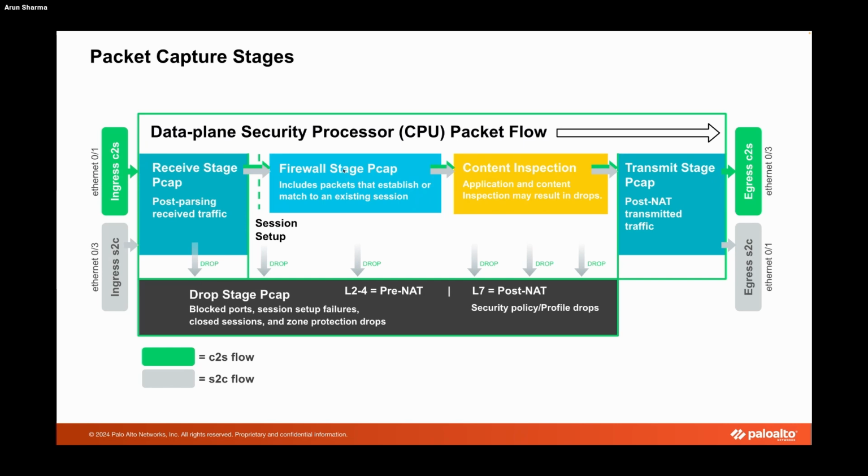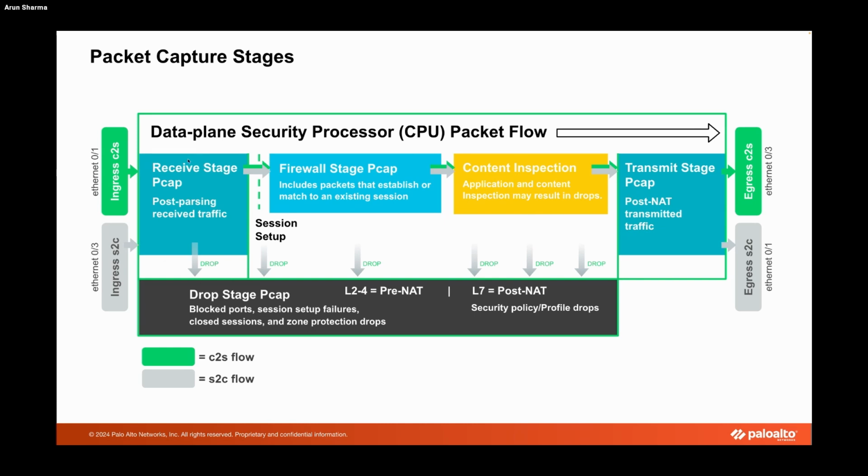It could be the firewall stage PCAP, which includes packets that are established, or that match an existing session, or it could be a new session where the firewall is applying the different policies before setting up the session. Once the session is established, we do the layer 7 inspection for content and other things, and once it is done, we transmit the packet out. So on the firewall, we have 4 stages: receive, firewall, transmit, and drop.